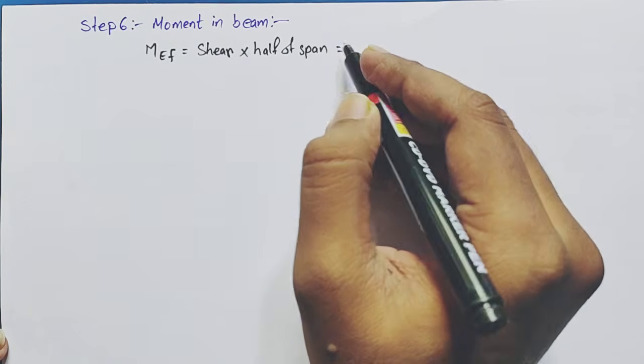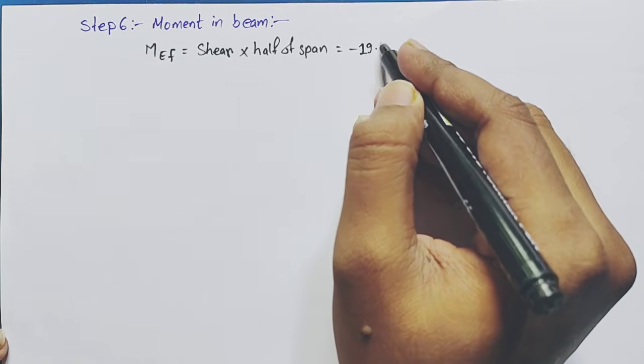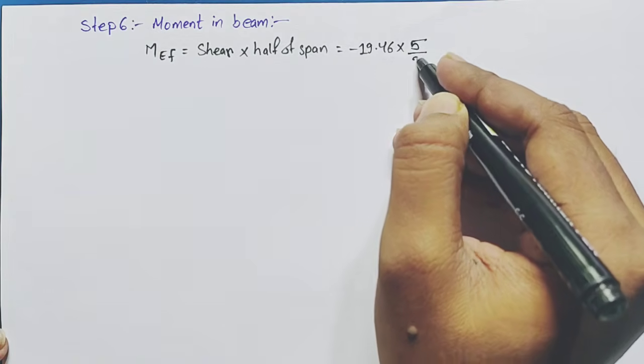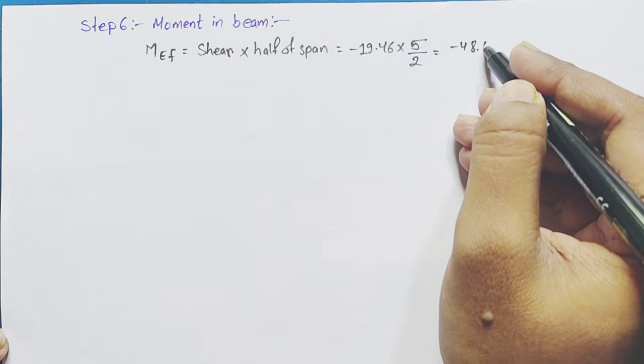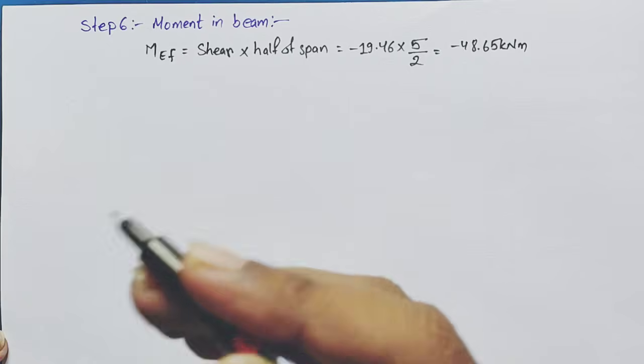So we have shear in beam EF equals to minus 19.46 multiplied by span is 5 divided by 2. So on solving this we will get minus 48.65 kilonewton meter, and same is the step for each and every beam.